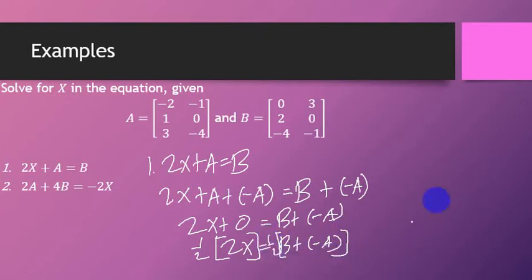So therefore, the matrix X can be solved by getting 1/2 multiplied to B plus negative A. And let's do that.